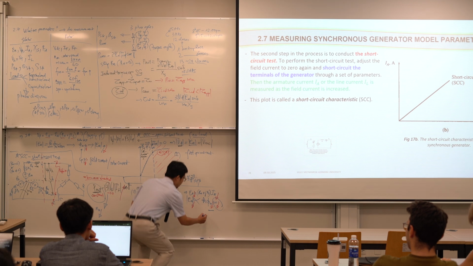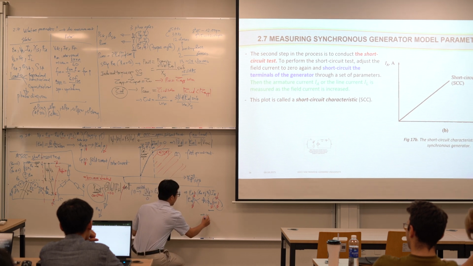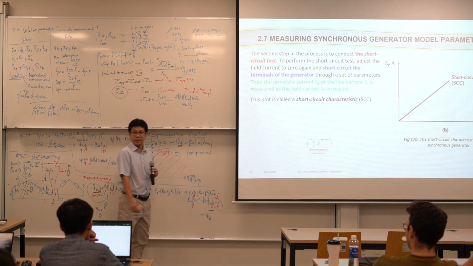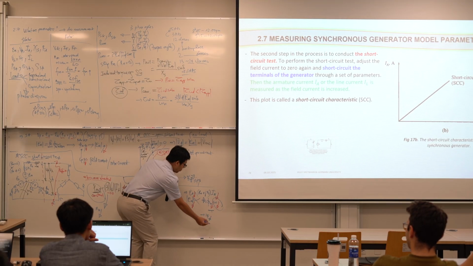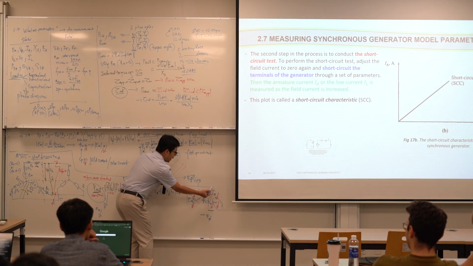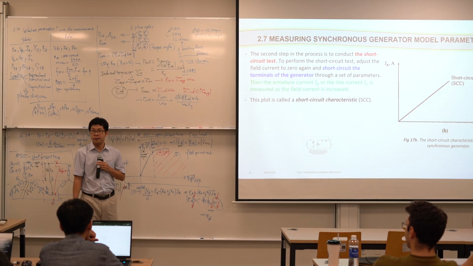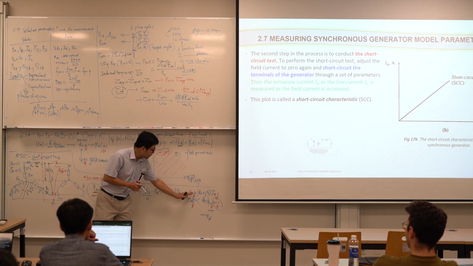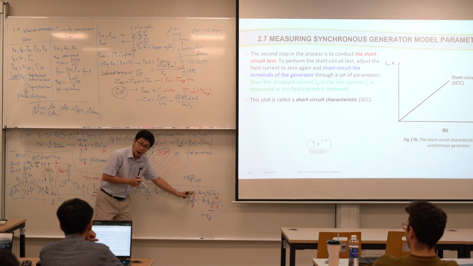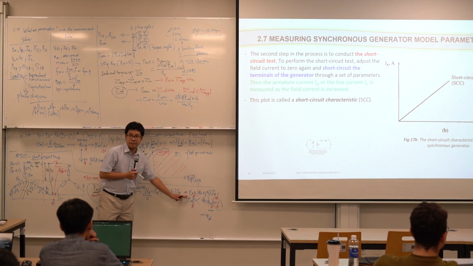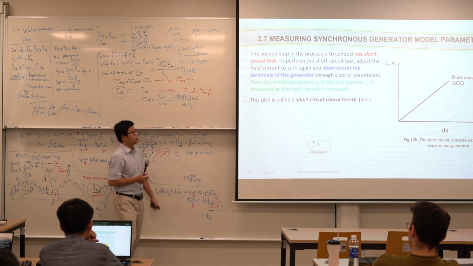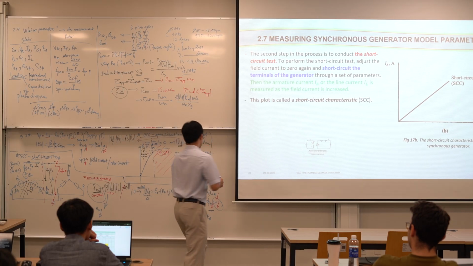Reducing phi m means we reduce IF. If IF is 0, phi is 0, and IA will be 0. All the equations here are linear equations.